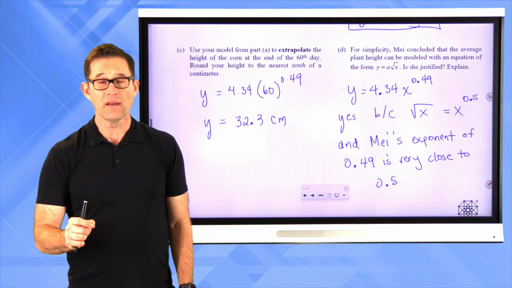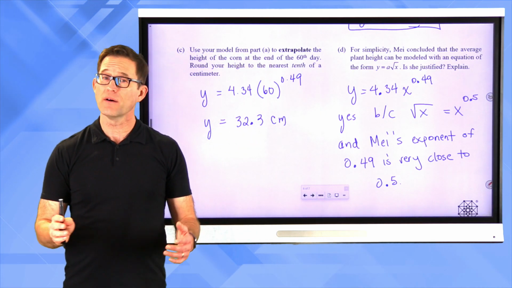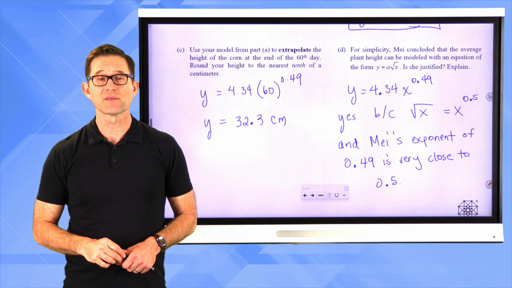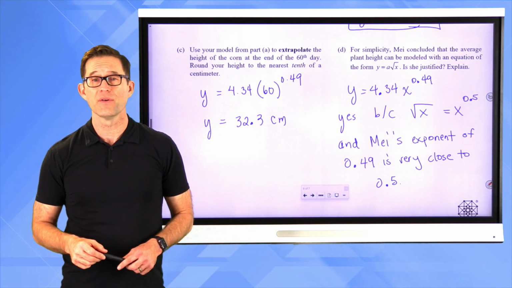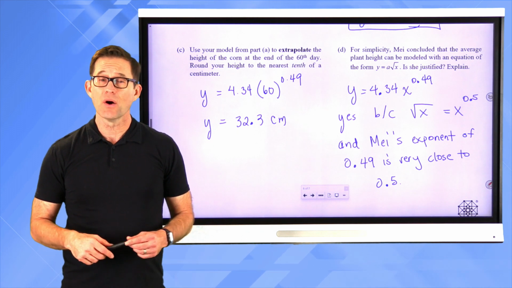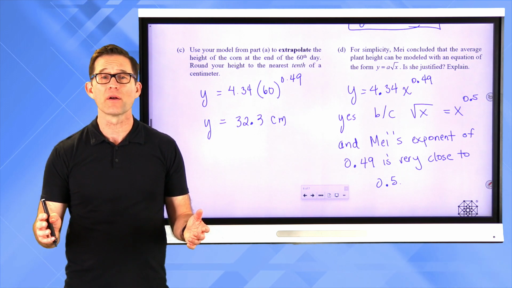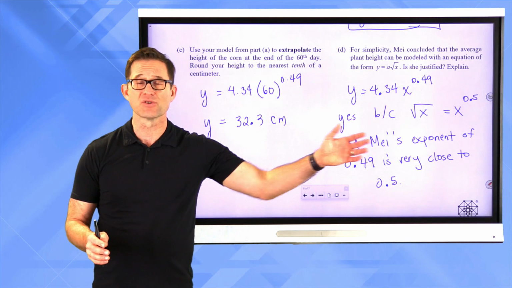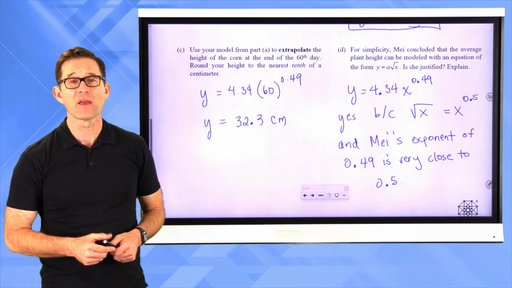Now, I could see somebody making the argument that, well, the square root of x is x to the 0.5, and May's exponent is 0.49, so those two are too far apart for us to simplify it as the square root of x. But you'd have to make that argument.